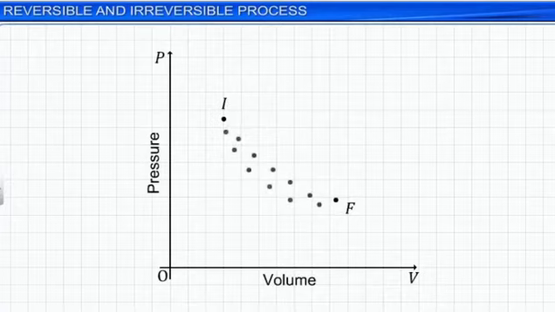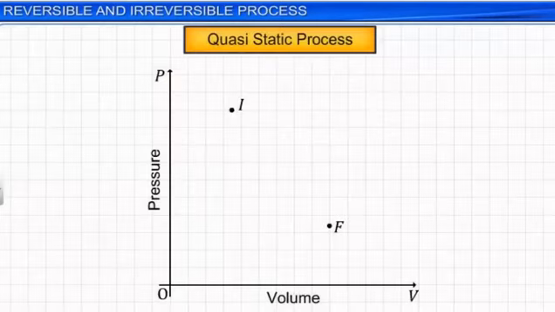As a result, we can't identify the correct path through which the system has passed, while changing from the initial state I to the final state F. Hence, reversibility of the process is very difficult. However, we have defined a quasi-static process as an ideal process that always passes through equilibrium states.